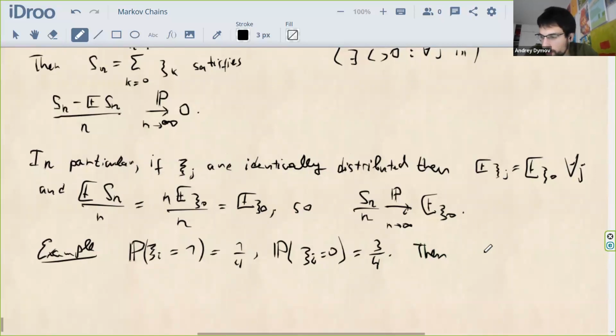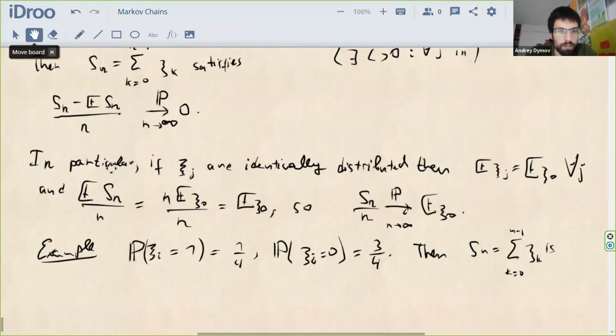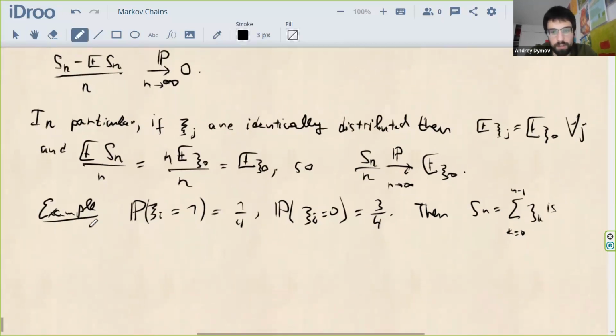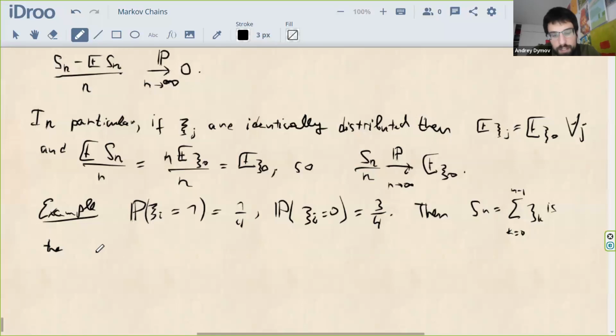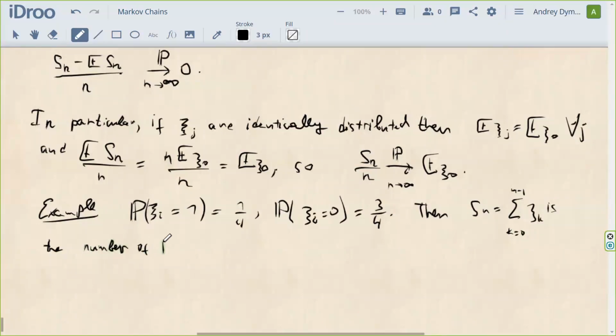Then what is Sn? Who can say? What is the meaning of Sn? Empiric mean of tails or what? Sn is just the number of heads. It is not a mean because we do not divide by n.